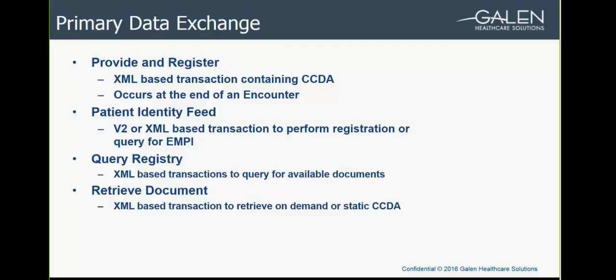So if we do find that the patient has an eMPI, then it's going to go and grab whatever transitions of care or discharge summaries exist in the HIE. And lastly, retrieve document. We find that the query registry response has metadata around date, facility, and type of document that the HIE has. We can choose to retrieve those documents and pull those into context during the patient's visit.